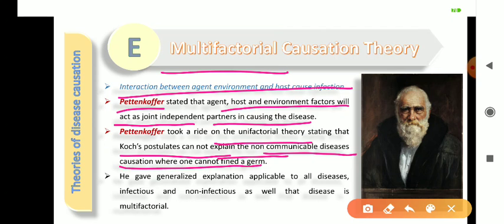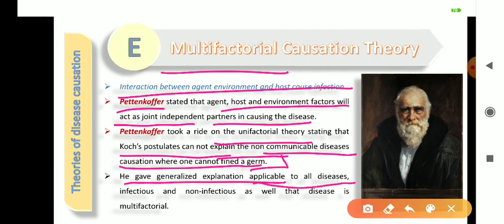So how can that theory explain that non-communicable diseases are also caused by some microorganism? If in a non-communicable disease no germ or microbe has been found in the body fluid or secretion, how can that theory explain that the disease is caused by a microorganism? Then he gave a generalized explanation applicable to all diseases.